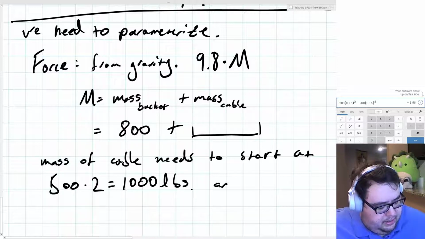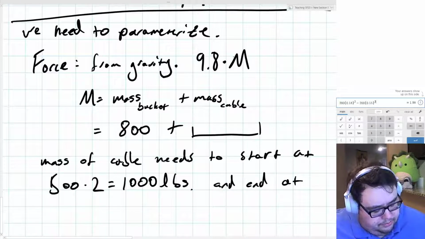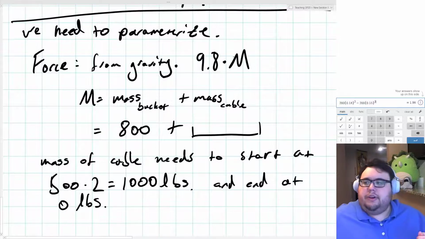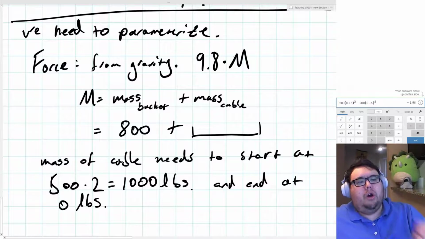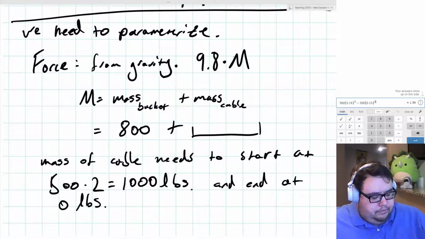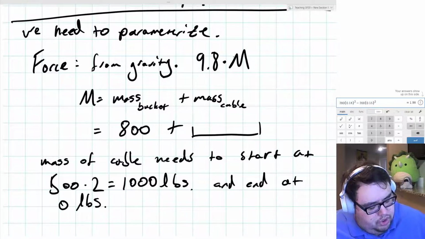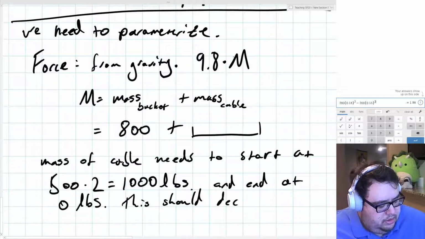And end at 0 pounds. Because once the bucket's at the very top, at that very last instant, right before we were done, we're only lifting the bucket. We pulled all of the cable up, right? So this should decrease linearly.